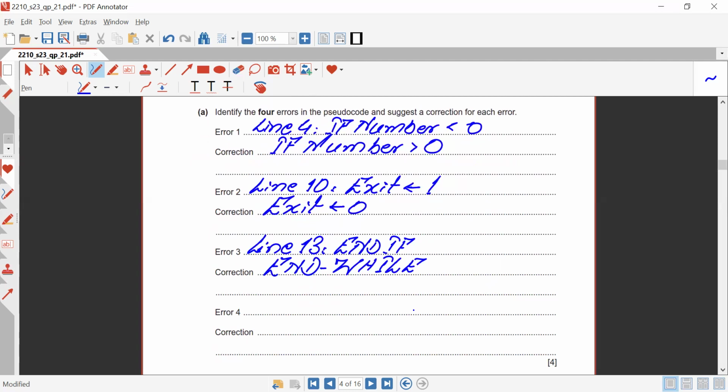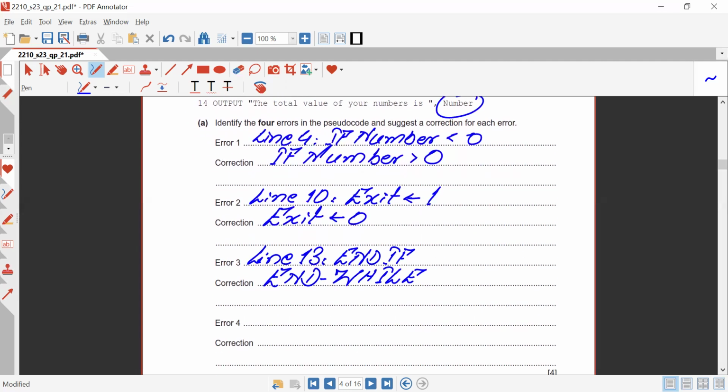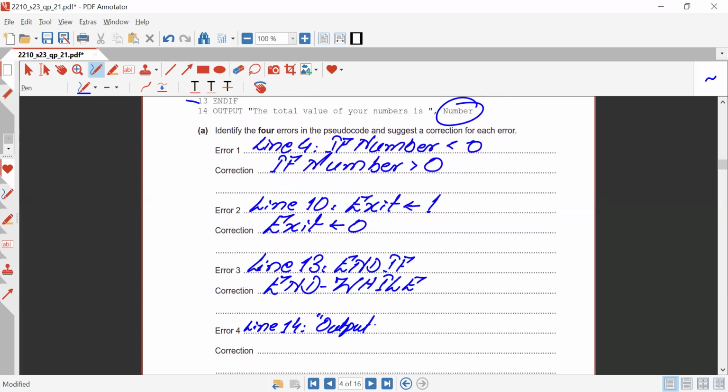Okay, now coming towards error number 4. Let's see what is there. Now only the last line is left: output total value of number is number. No, the total value of the number should be total. So line 14: output total value of number is number.